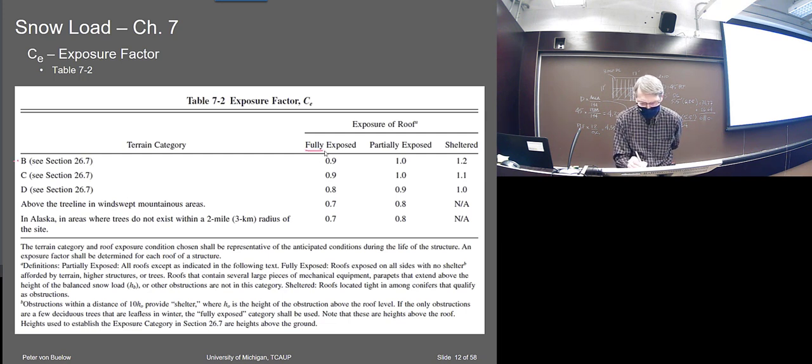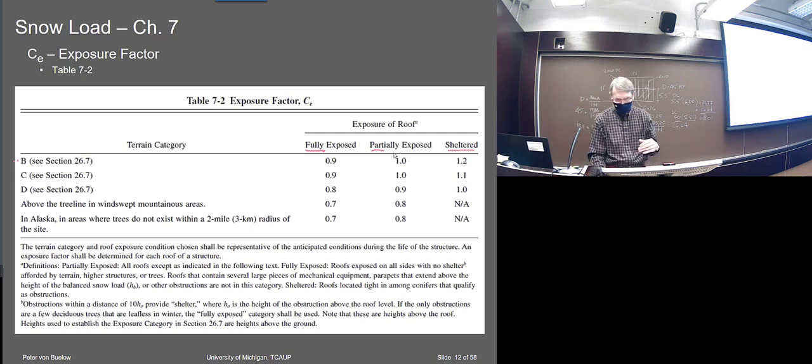It could be either fully exposed, partially, or sheltered. Fully exposed would be the wind. It's out in the open, there are no trees around it, and the wind blows most of the snow, or some of the snow, off the roof. That would be the effect of fully exposed. Partially exposed, it's a little bit contained, so it doesn't get quite so much wind blowing on it.